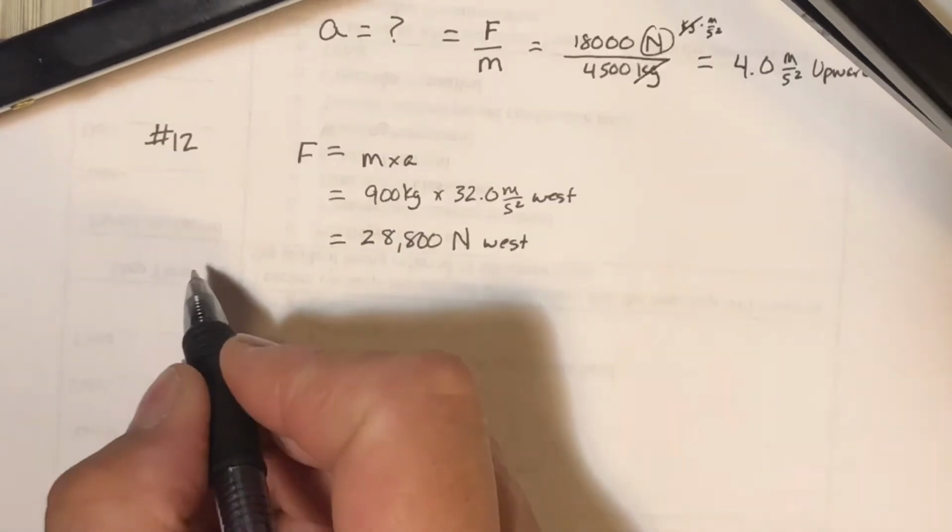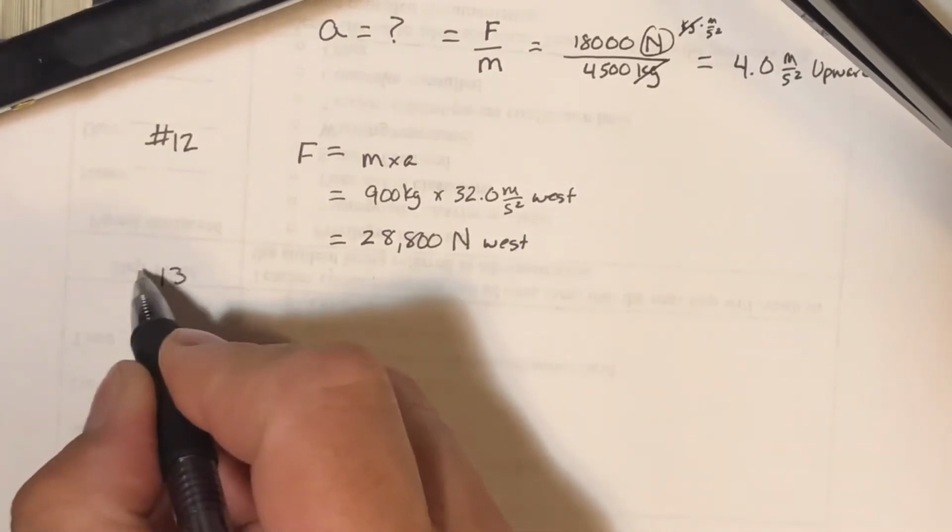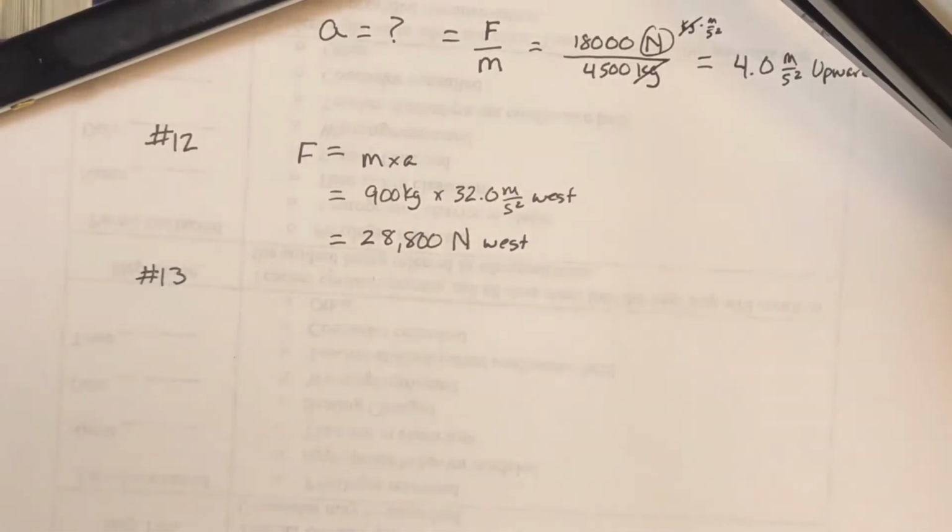So number 13. Reading in the book, a car pulled by a tow truck has an acceleration of 2.0 meters per second squared east. What is the mass of the car? So we know we need to find the mass of the car if the net force on the car is 3,000 newtons east.